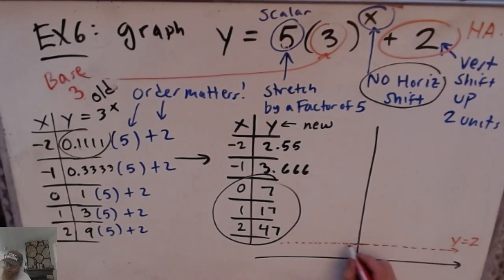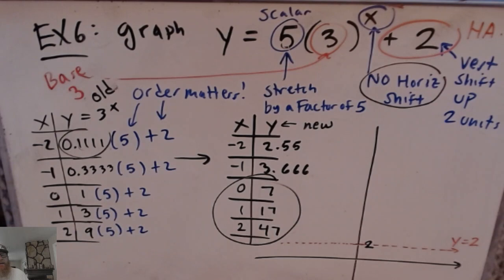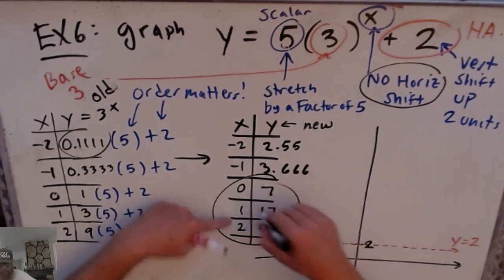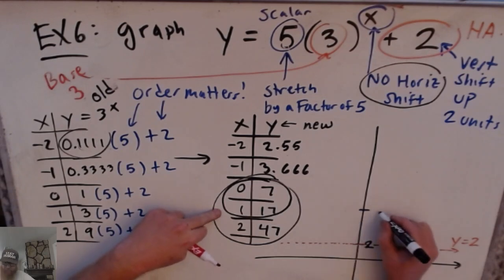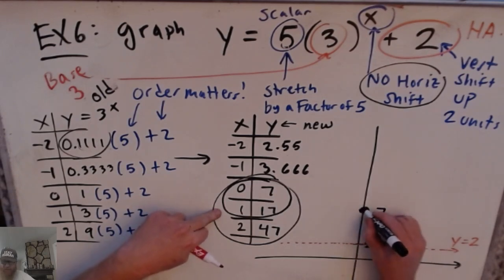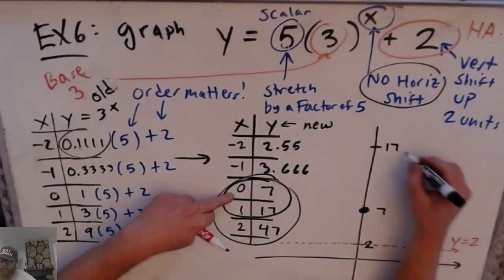I'm just going to call this 2. Now, you don't have that luxury. You're going to have a limited space. You're going to have to try to get these to fit. If they don't all fit, pick the 2 that do fit. I'm just going to pick these 2. So 0, 7, and then 1 and 17.